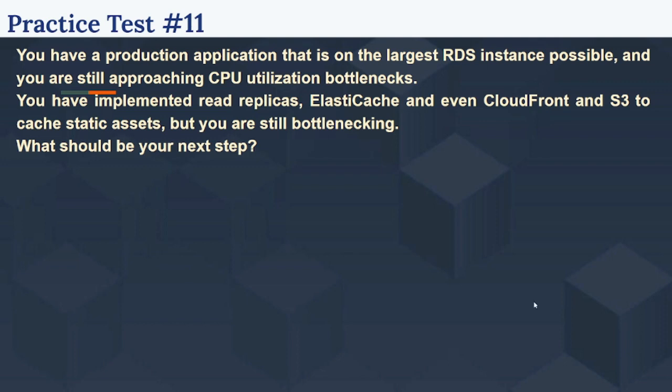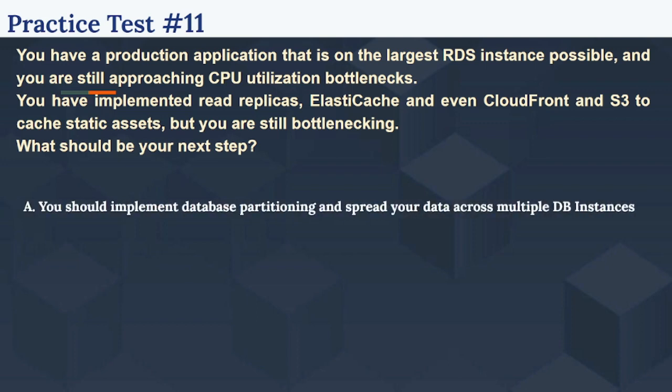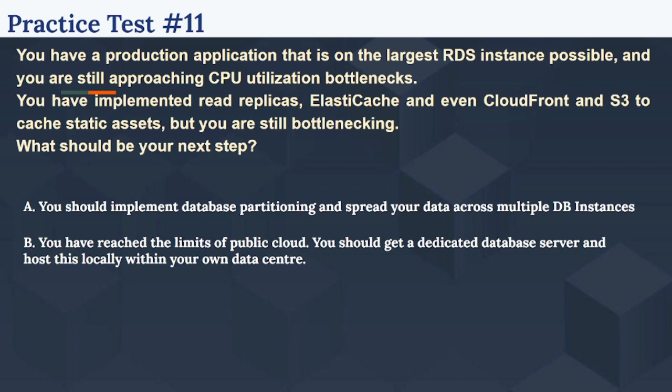So the options are. Option A. You should implement database partitioning and spread your data across multiple DB instances. Option B. You have reached the limits of public cloud. You should get a dedicated database server and host this locally within your own data center.